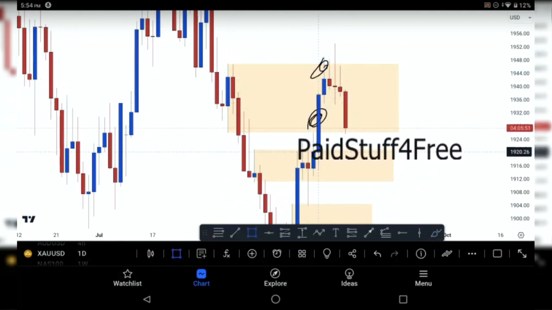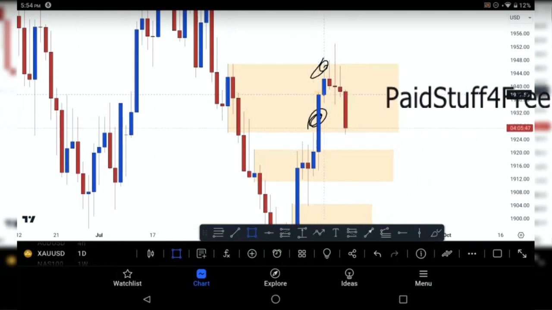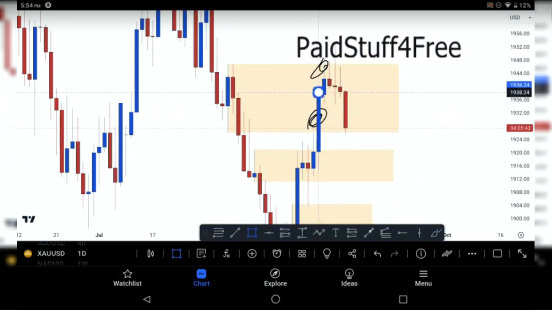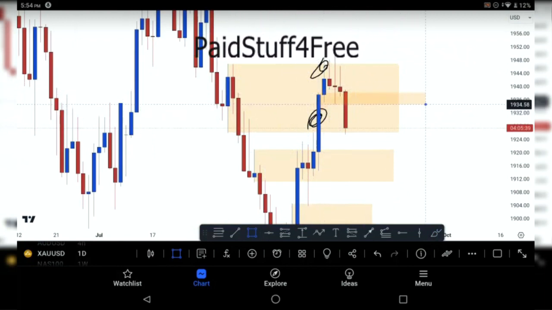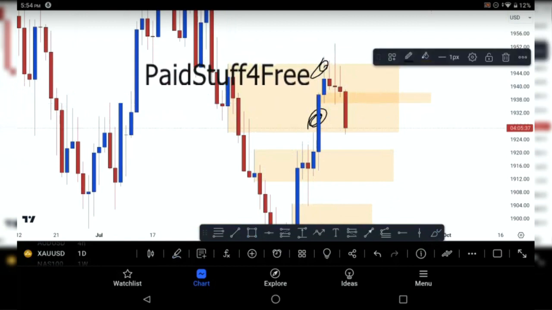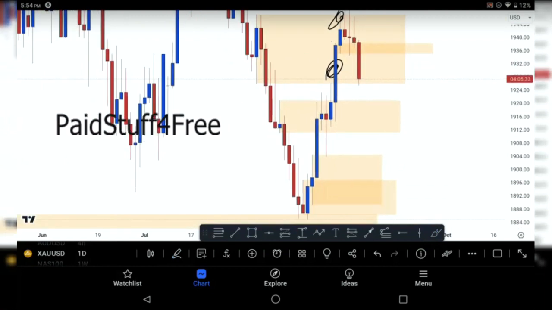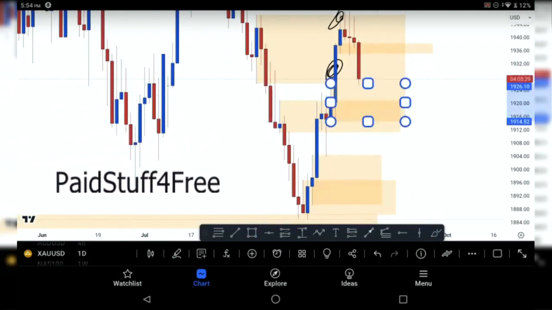In other words, I will draw it from here to here. So you can as well extend it. That is a dominant daily buy zone. This is also a dominant daily buy candle.